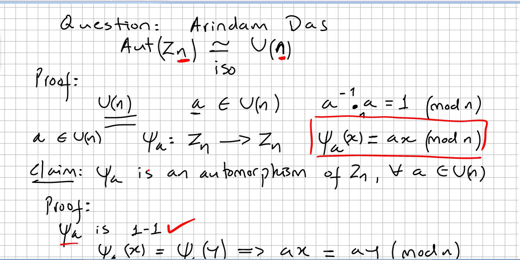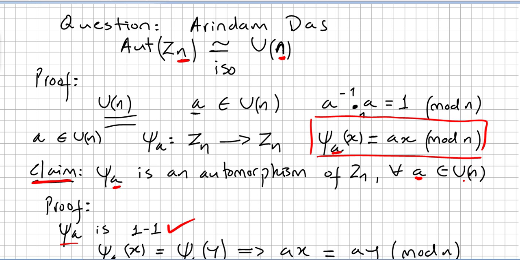So now I'm back. We just proved our claim. We proved that psi of a is an automorphism of Zn, where a, the a we take here, is in the group of units.